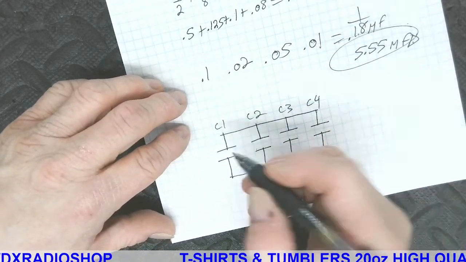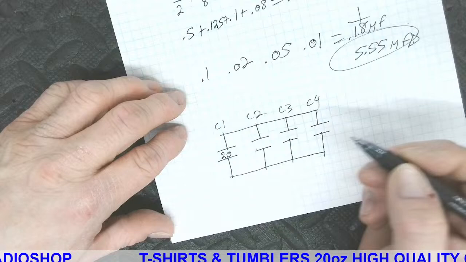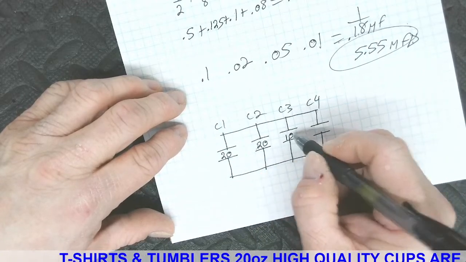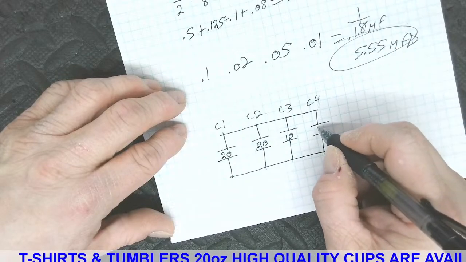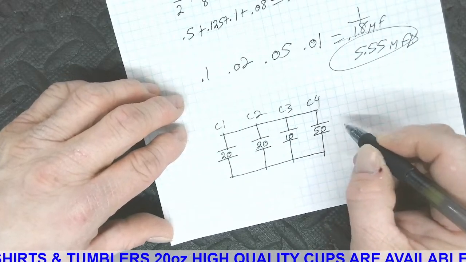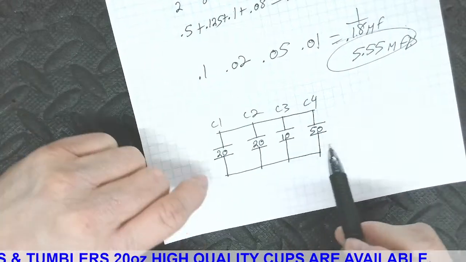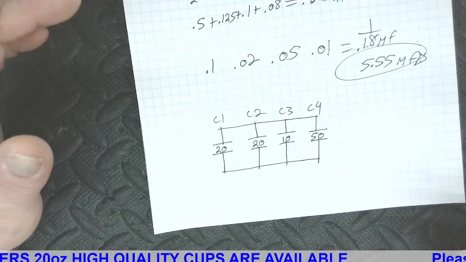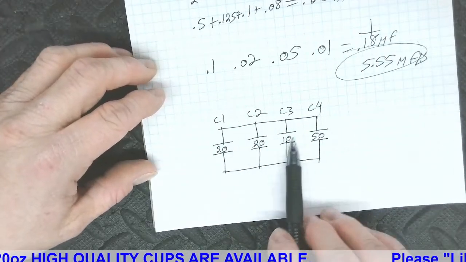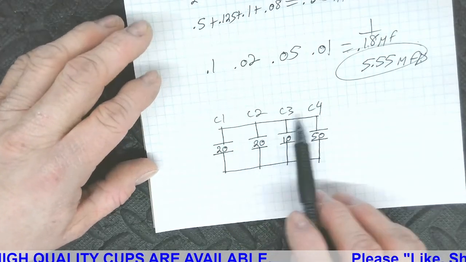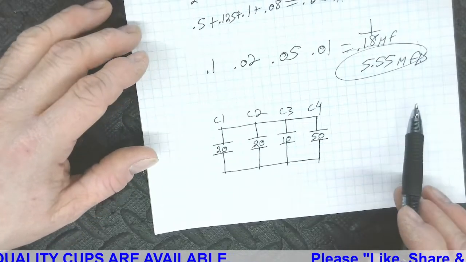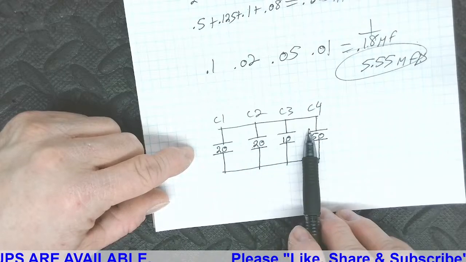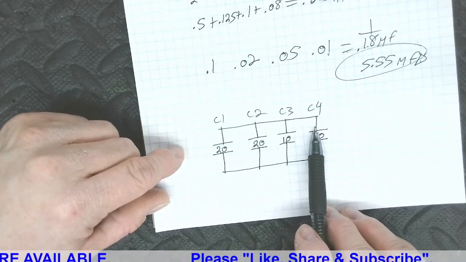Let's say you got a 20, a 10, and a 50. How would you calculate capacitors if they were in parallel? Well, that's real simple, actually. This is the opposite of your series and resistors. Series and resistors, you add them all up, right? If you run resistors in parallel, you don't add them up. It's a different formula for that, right?